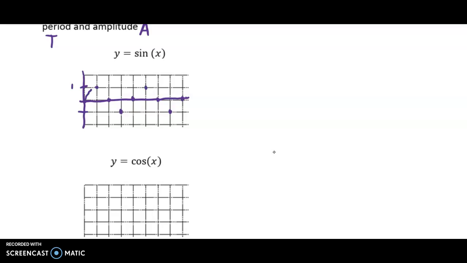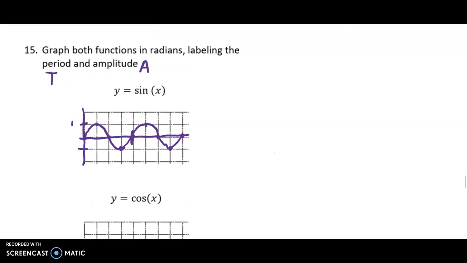What I typically like to do is sketch in those little intersections at the crisscrosses, and then label the axis appropriately. So for example, I asked you to do it in radians. You should know that 360 degrees is a full rotation in degrees, and that 2 pi would be the radian version.